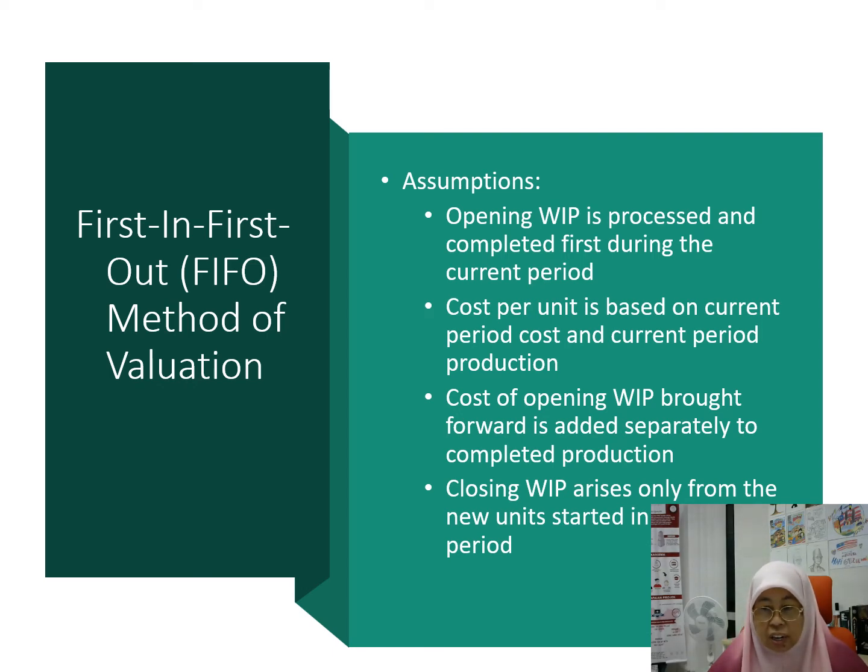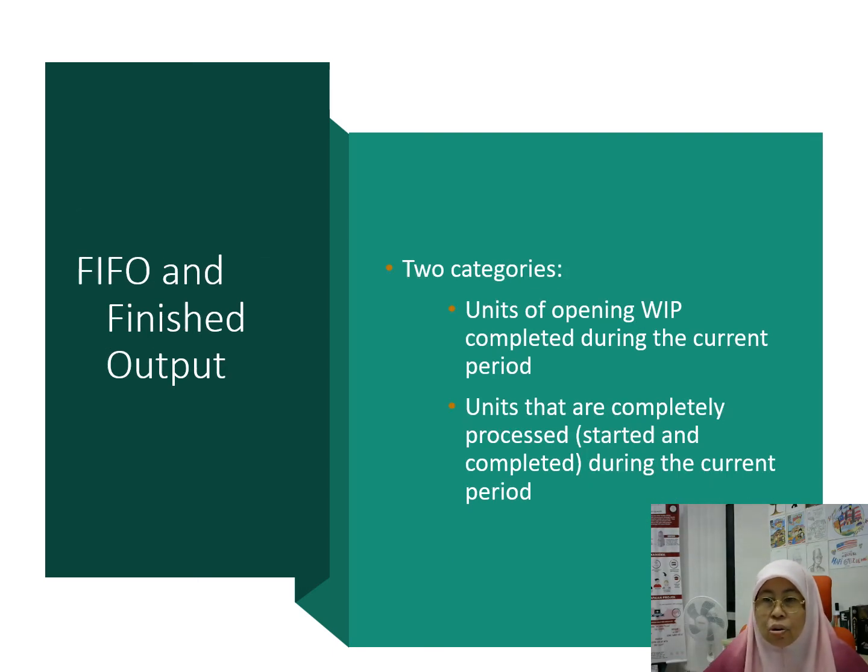Closing work in progress arises only from the new units started in the current period, because the opening work in progress is assumed to have been completed first, and whatever is left uncompleted is considered the closing work in progress. So there are two categories.